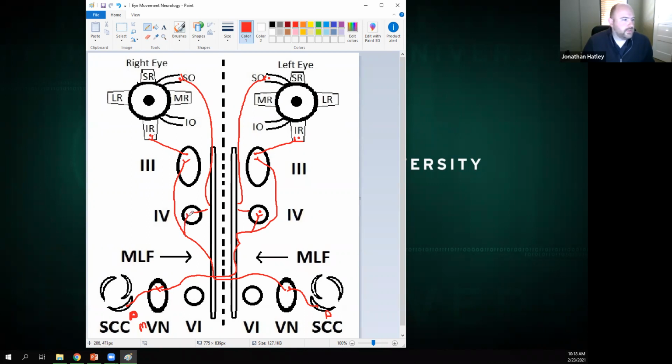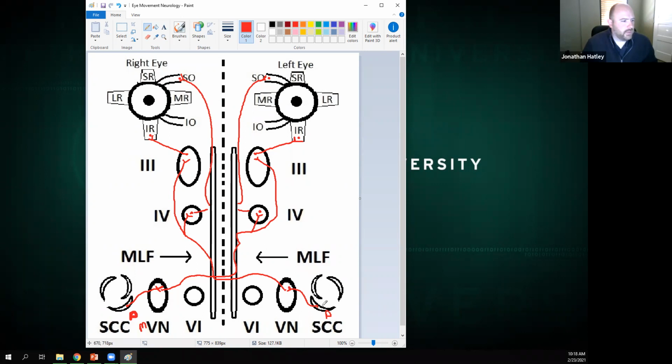And so it's going to synapse with the trochlear nucleus, and it's going to synapse with the oculomotor nucleus. The trochlear nucleus is going to control the superior oblique, and the oculomotor nucleus is going to control its own inferior rectus. So if we can just follow this out here, then just act like we're following these pathways again.